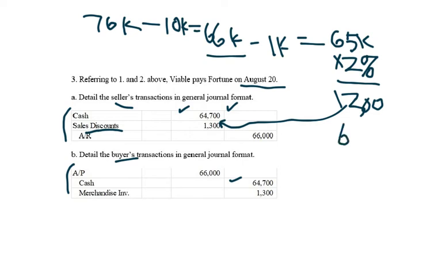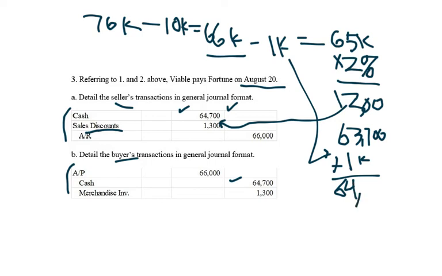So if we subtract that out, we'll get 63,700 is what's being paid for the goods, and then now you want to add that $1,000 back in, plus $1,000 for the shipping, equals 64,700. So that's where that 64,700 is coming from.